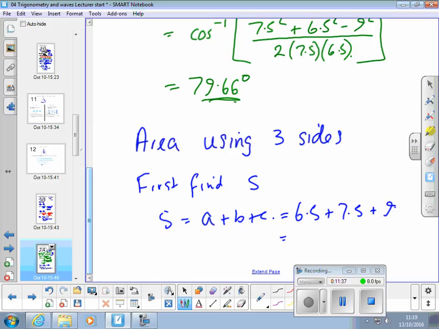It's 23. Oh no, we've got to divide that by 2, haven't we? So that's all of that over 2. The result of that is 11.5 centimetres. So it's half the perimeter.